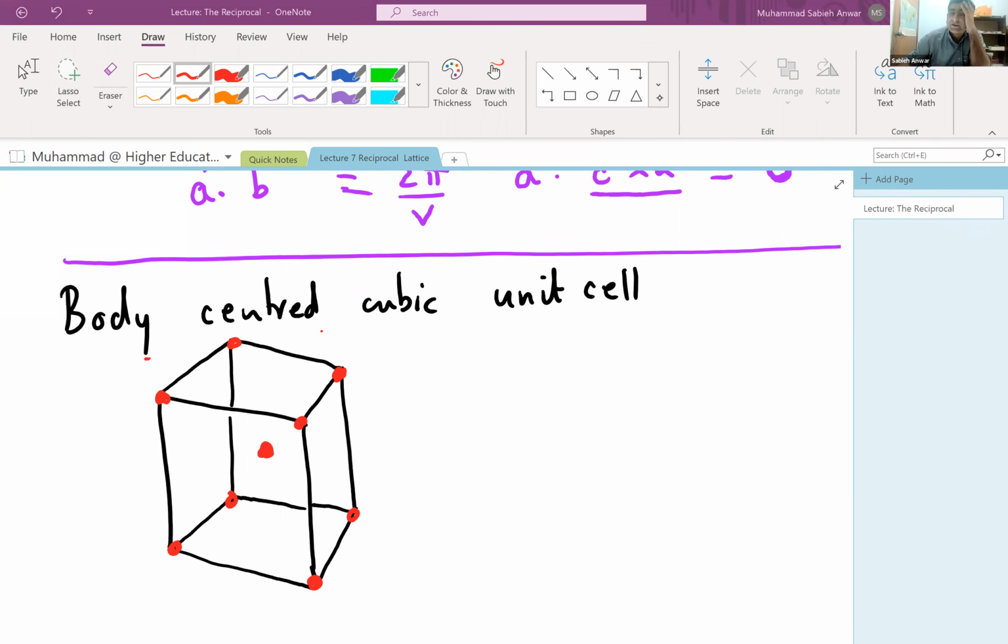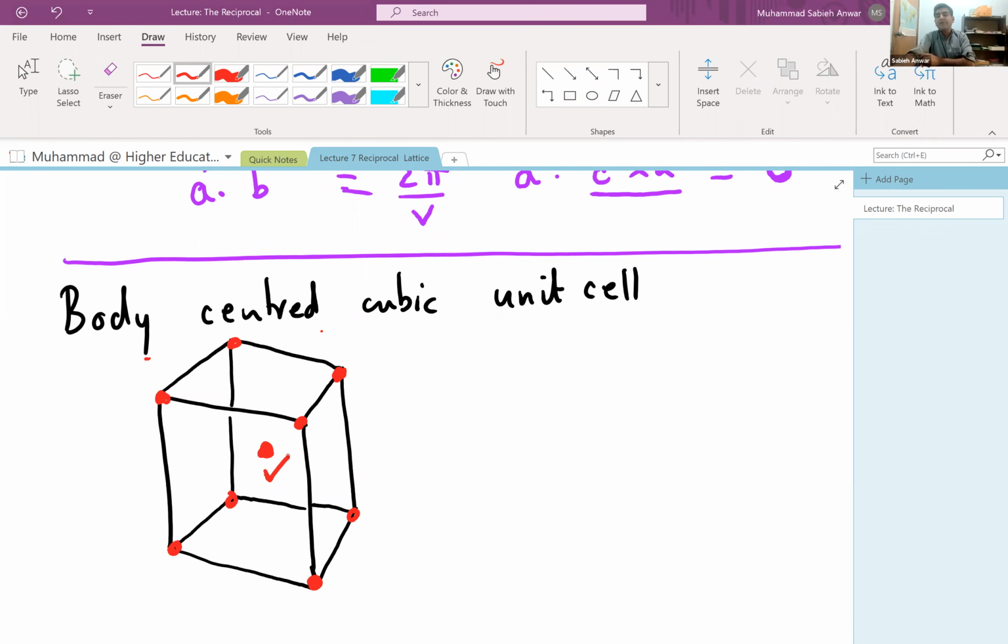Now what we would like to do, if you look at this unit cell, there are planes of points, and you can draw multiple planes of points. But you need to take into account this position at the center of the body of the unit cell. You can have atoms here, you can have motifs here.